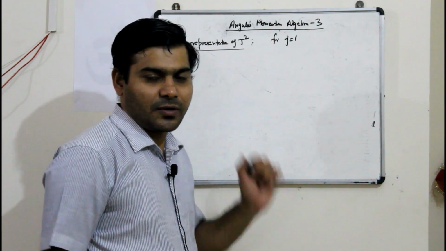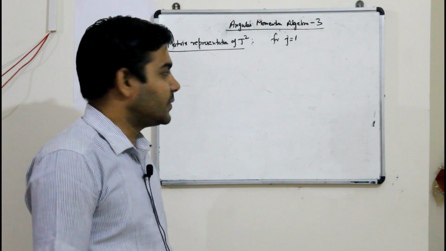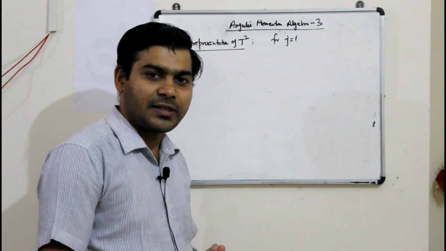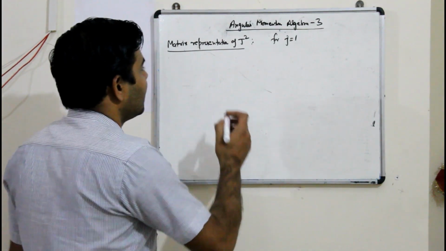The matrix representation of this J square operator for small j equal to 1 can be written down with the help of the action that we have obtained of J square on |j, m>.